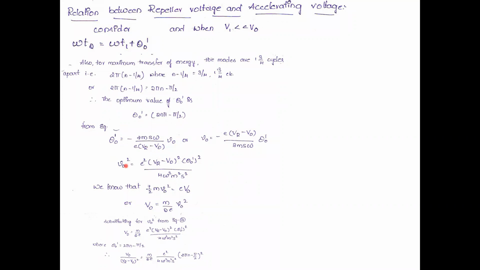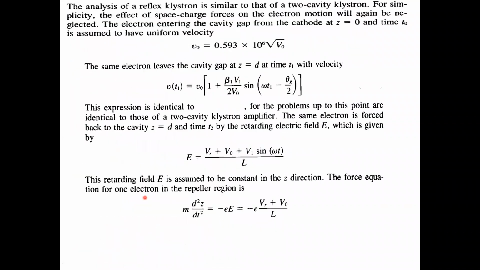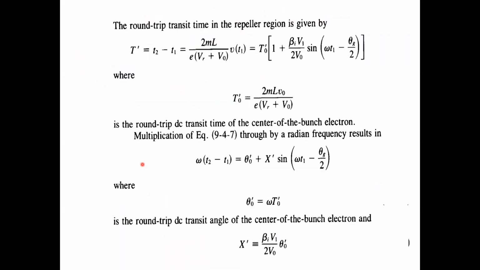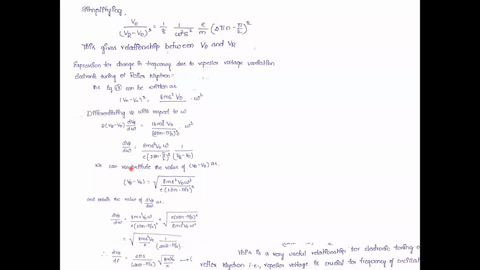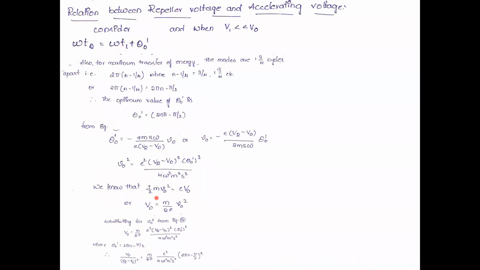Take V naught like this and apply square on both sides. Next step. Why? Because this step is useful in our force equation. Yesterday we solved a force equation, right? So for that force equation, that value should be useful.